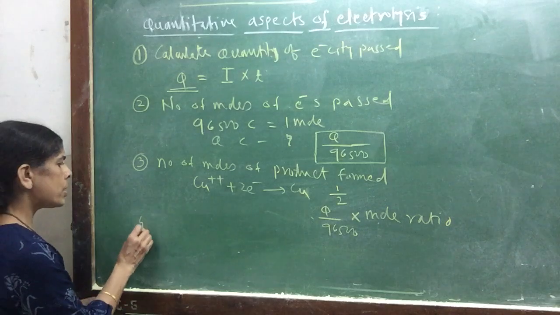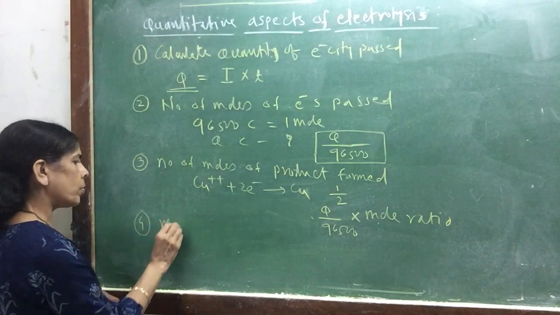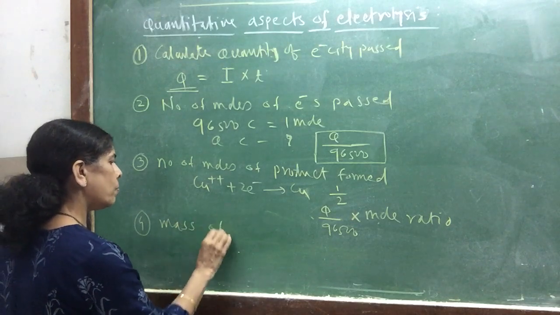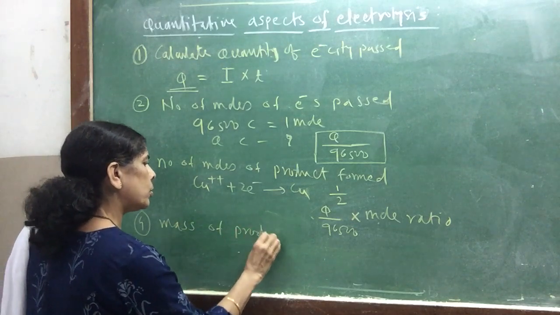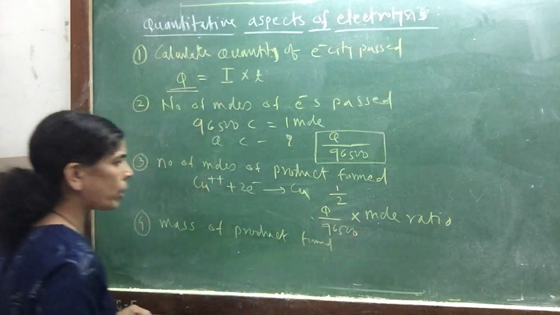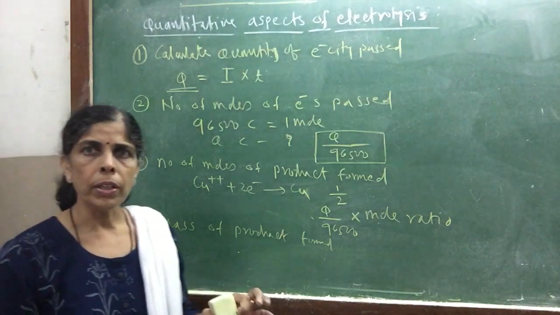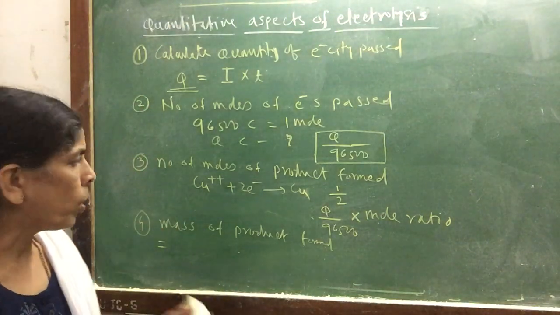And now the last step is the mass of product formed. We are interested in the mass of product formed. So the mass is equal to the number of moles of product formed into the molar mass of the product.